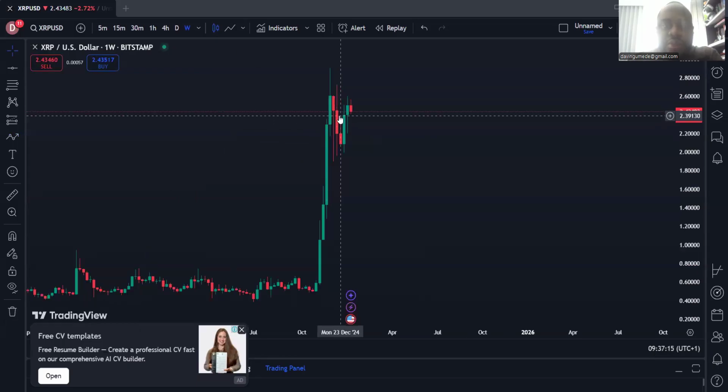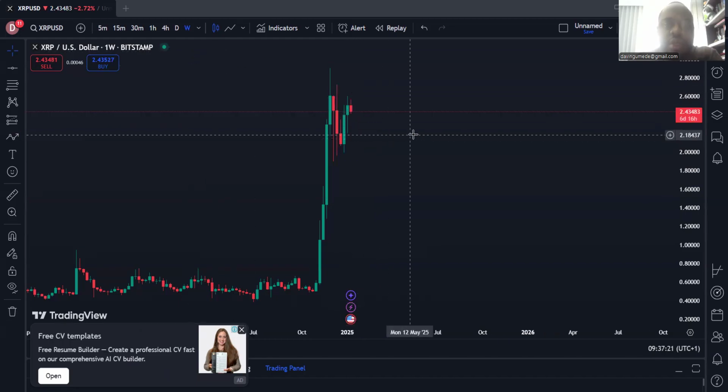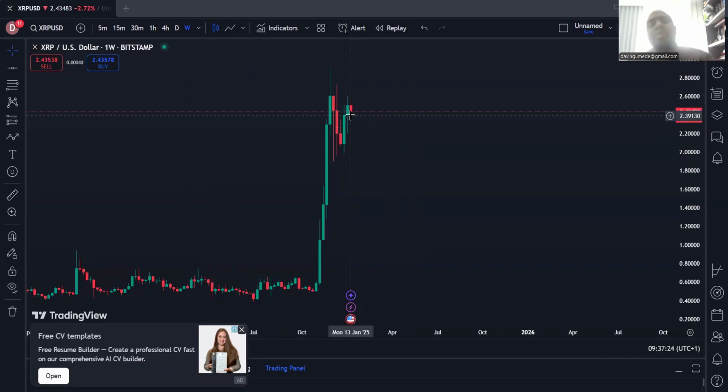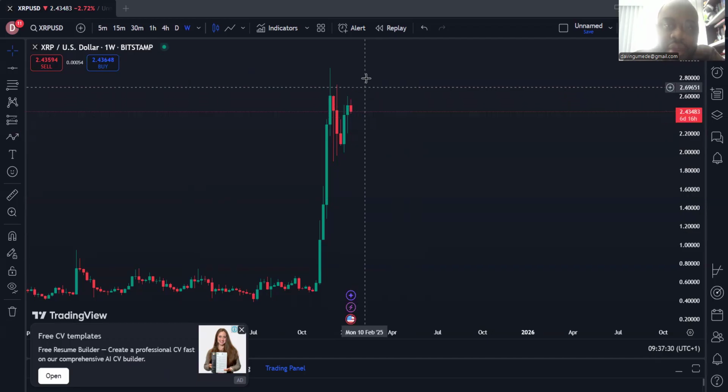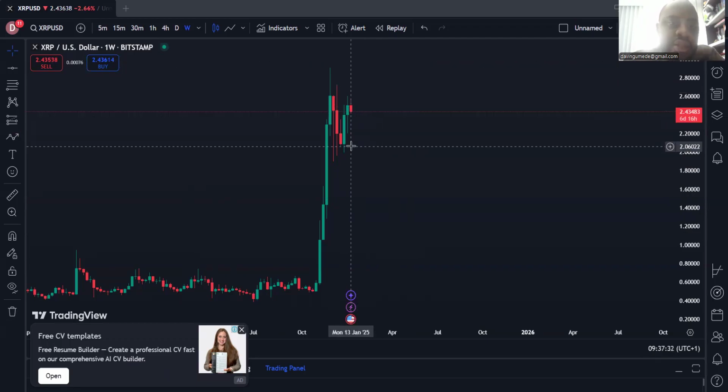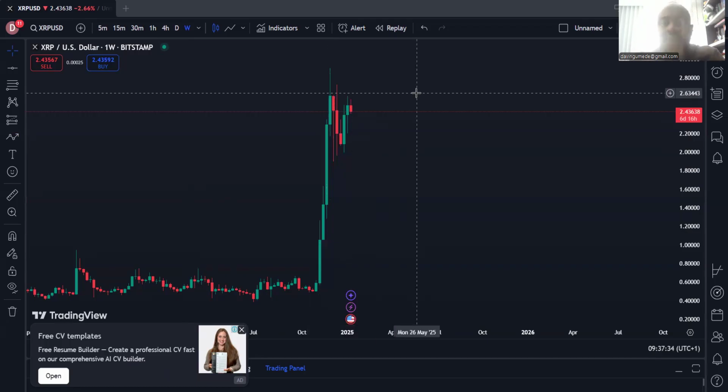So this week is being formed on the weekly time frame. We could possibly see some sense of rejection within this area here, and then retesting, and price shooting straight up and breaking all-time highs. So I'm really bullish on XRP. This candlestick pattern that's formed is looking really decent.